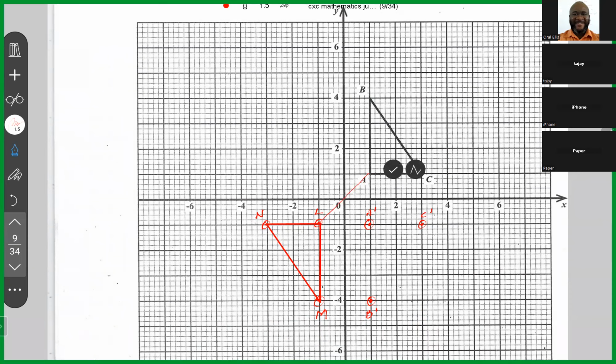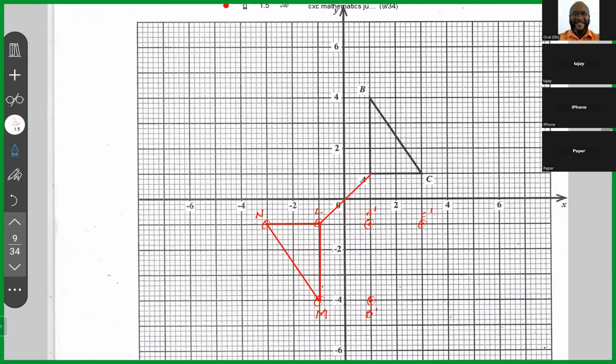So it looks to me that ABC is mapped onto LMN by a rotation of 180 degrees about the origin as center. In a 180 degree rotation about the origin as center, C is going to become N, A is going to become L, and B is going to become M.